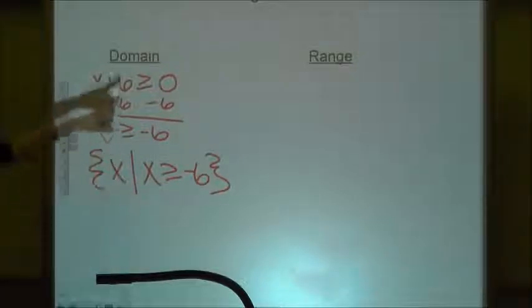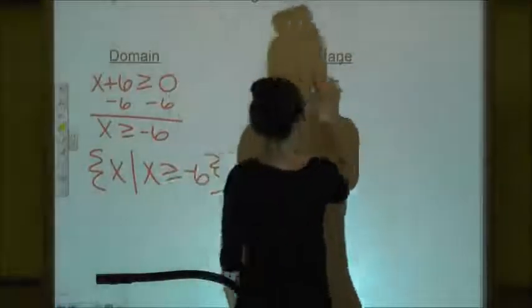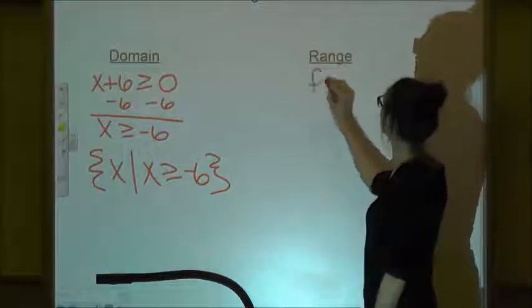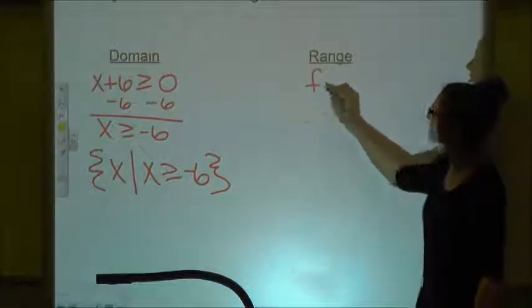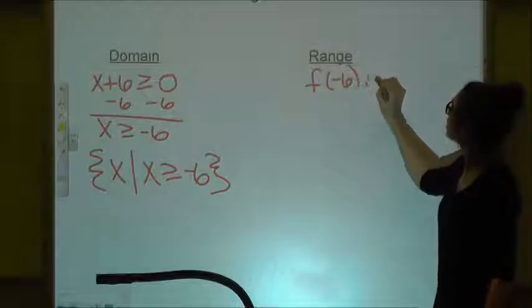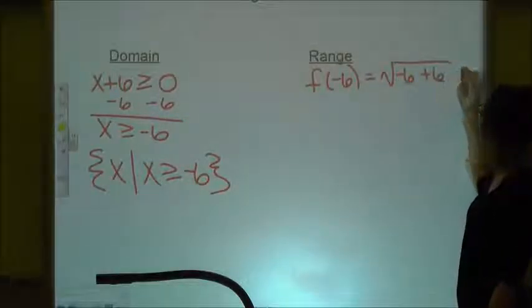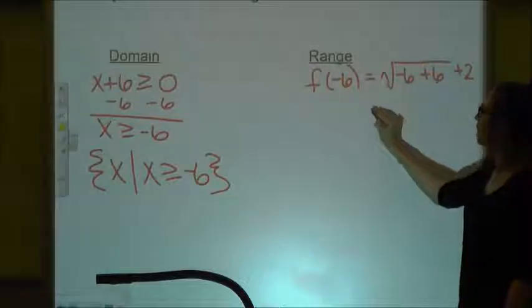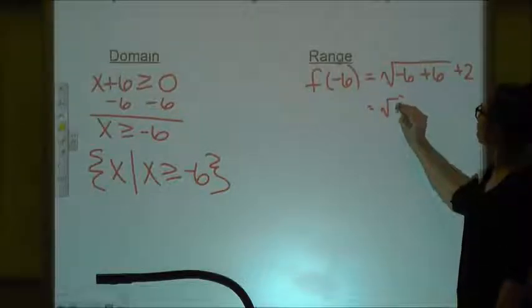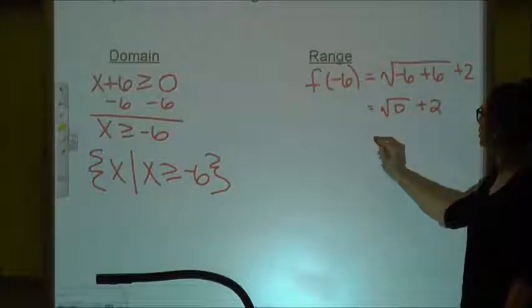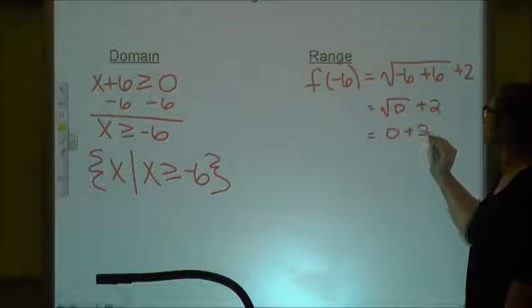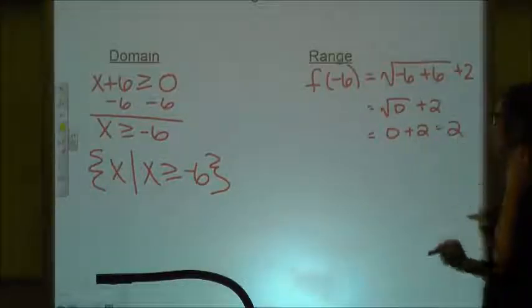Plug this value back in to your function. So you have f of x, our x is negative 6, equals the square root of negative 6 plus 6, plus 2. This gives you the square root of 0 plus 2, which is 0 plus 2, which is just 2.